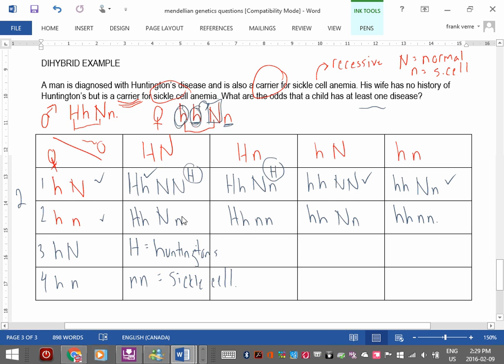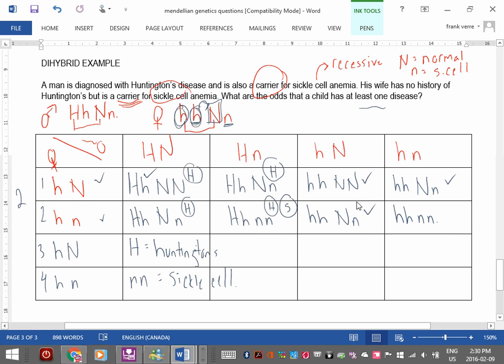What about this individual here? They have Huntington's, but not sickle cell, so they have at least one disease. Again, this one has both. So we got 2 diseases. This one is normal for Huntington's, so in other words, they don't have Huntington's, and they don't have sickle cell.